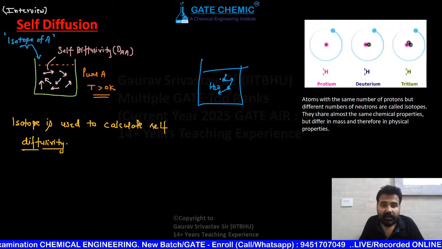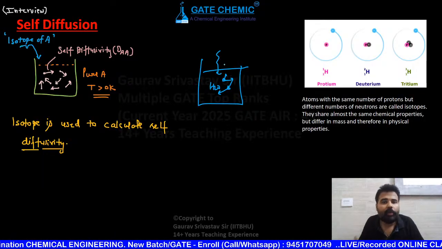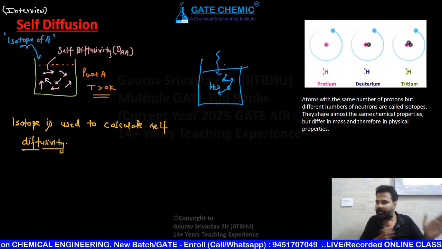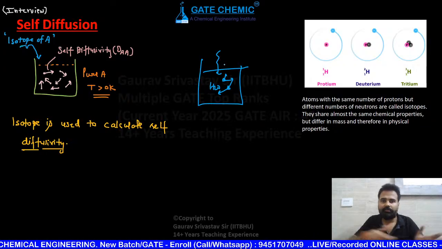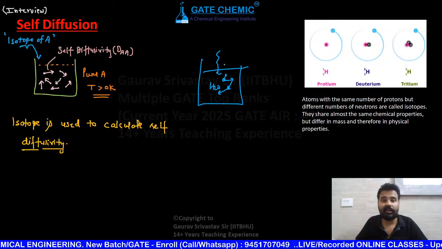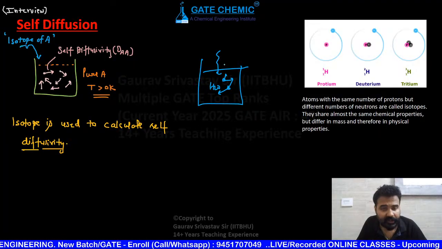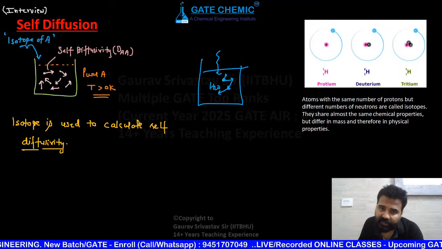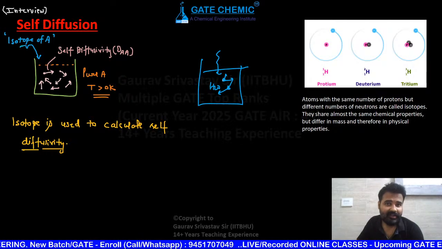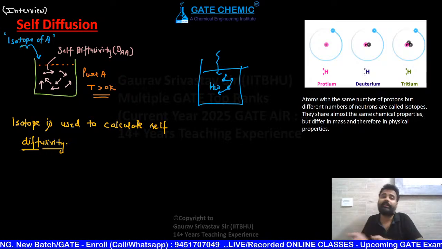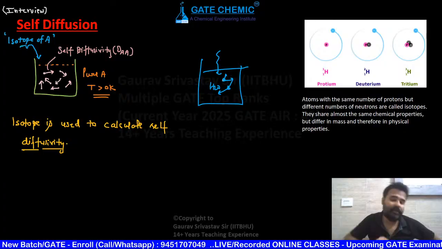And you can see by dropping a drop of ink there, the molecules are moving zigzag, इधर उधर मूव करता रहेगा. So how is water going to move inside water? That is diffusion of water in water, self diffusivity.